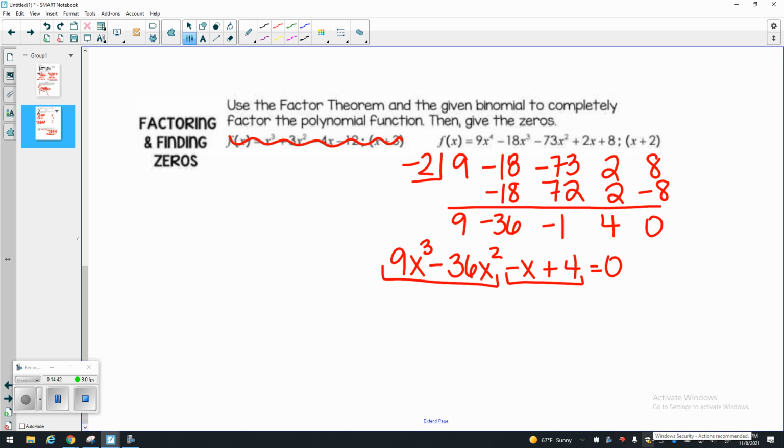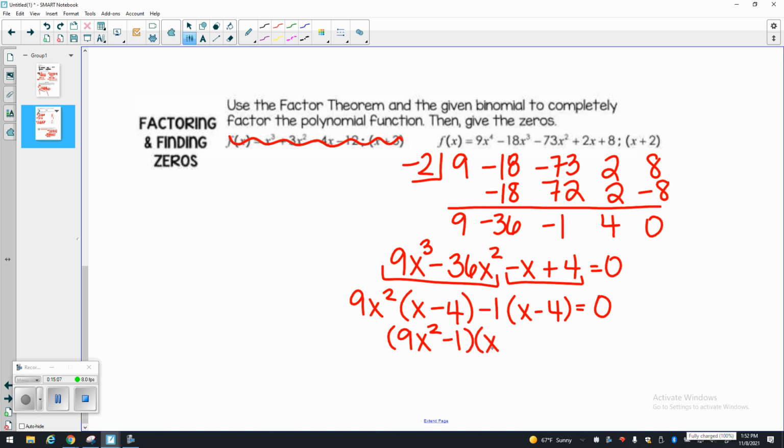What's the GCF of my first group? 9x squared, then you have x minus 4. What's the GCF of my second group? Negative 1, and then you have x minus 4, equals 0. Now I put the outsides together, so 9x squared minus 1, times x minus 4, still equals 0.